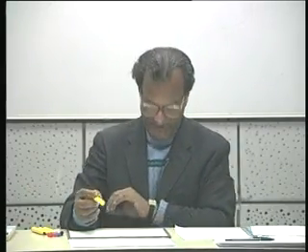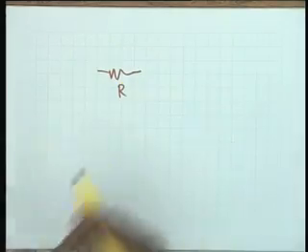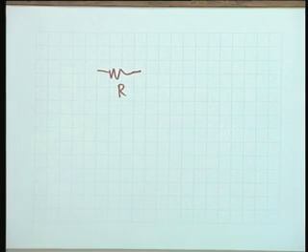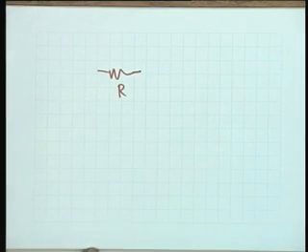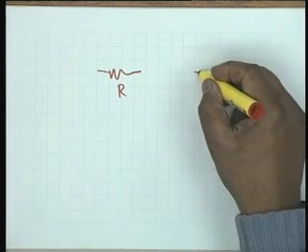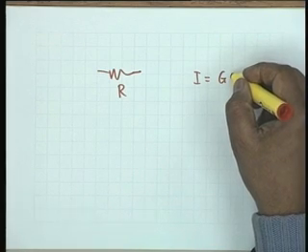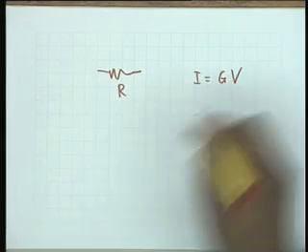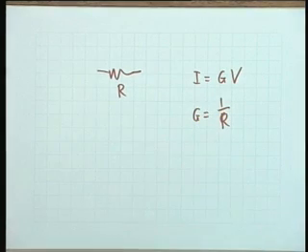Then we talk of the three elements: the resistance, capacitance and inductance. Resistance, as you know, is a linear element. A linear bilateral resistance obeys Ohm's law, that is V equal to IR, or instead of resistance it can be described in terms of a conductance. It is the reciprocal, and you can write I equal to G times V, where capital G stands for 1 by R, and it is called the conductance.